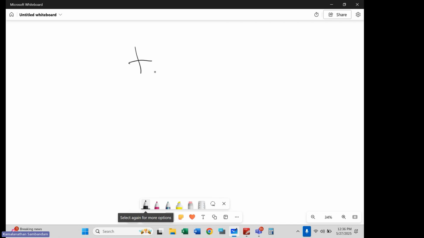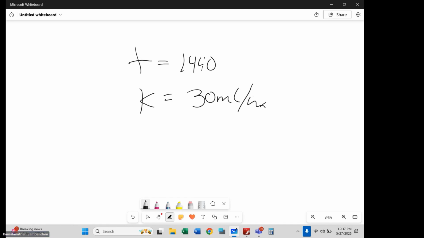In CRT, my time is going to be equal to 1,440 minutes or 24 hours. My K is going to be, depending on my effluent flow rates, somewhere around 30 mils per minute. Okay, somewhere thereabouts, depending on the effluent flow rates.